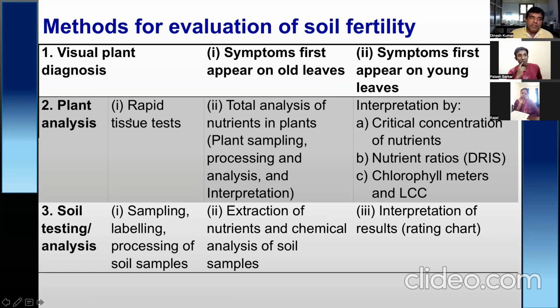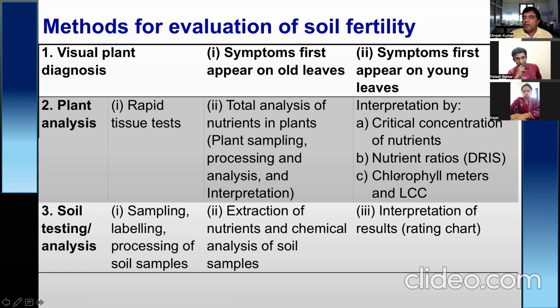Then rapid tissue test or plant analysis. You can do two kinds of tests. One is the rapid tissue test. Number two, total analysis of nutrients. This is a quantitative approach where you do plant analysis and then see the concentration of nutrients in different plant parts, and based upon the critical concentration of nutrients, you interpret whether your nutrients are sufficient or insufficient in the plant.